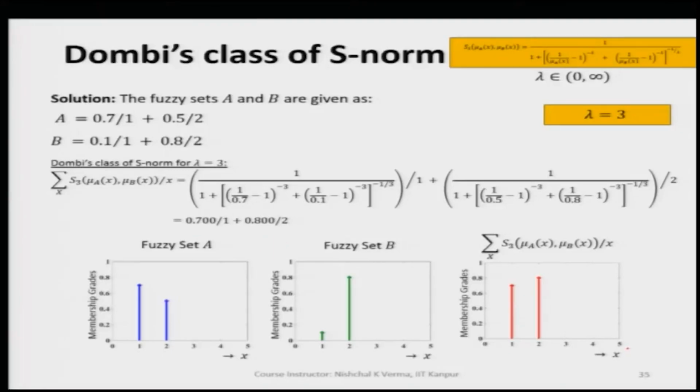So, for lambda equal to 3, here also we see the decrease in the membership values. So, we can say when we increase the value of lambda for the same set as input, the resulting fuzzy set will have reduced membership values of the corresponding generic variable values.